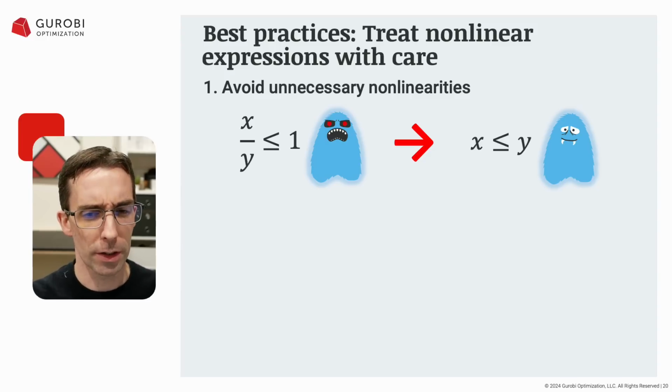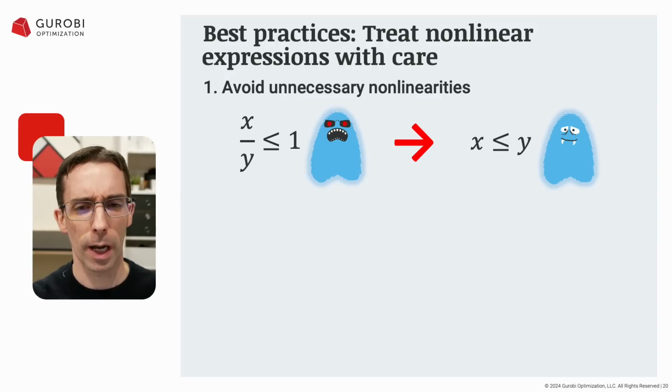So doing things like this is generally always going to be a good idea. And of course, this will depend on your model specifics, but I would say to look at your nonlinear terms and try to think if there are ways you can simplify them, reformulate them, just to reduce the amount of nonlinearity present in your model.